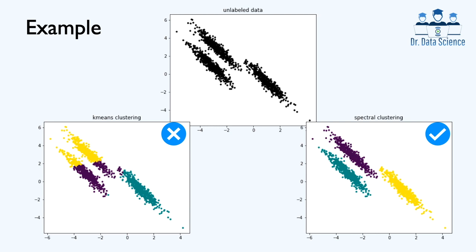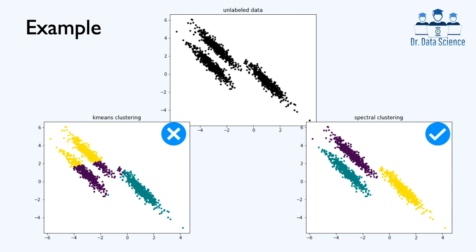If we apply k-means clustering, we see that we do not get acceptable results, because k-means clustering wants to find linearly separable clusters. So now we see that 2 of the clusters are merged together, and that's not acceptable because obviously here we have 3 clusters that are separable.